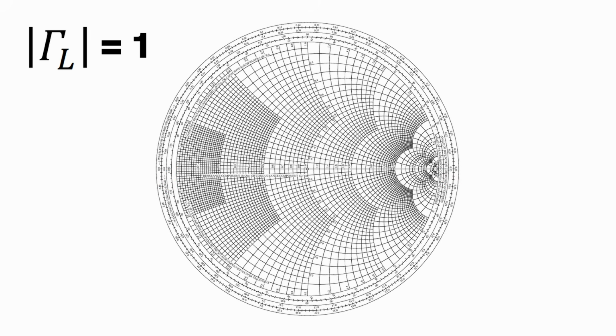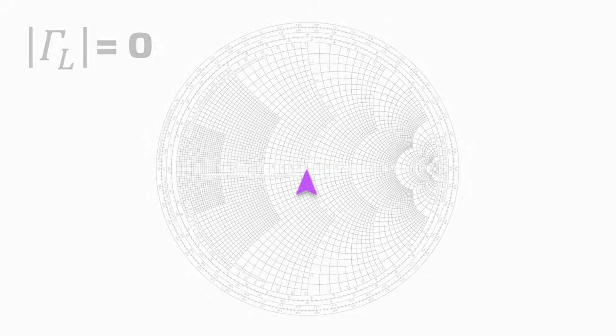At the center of the Smith chart, as previously mentioned, the reflection coefficient gamma is 0, indicating a perfectly matched load with no reflections. So you can tell gamma is equal to 0 at the prime center because when measuring the magnitude of gamma sub L, you always start from the center.